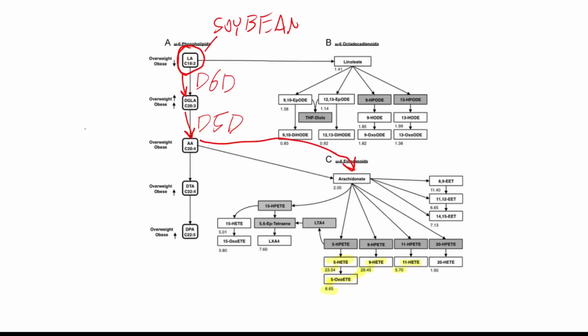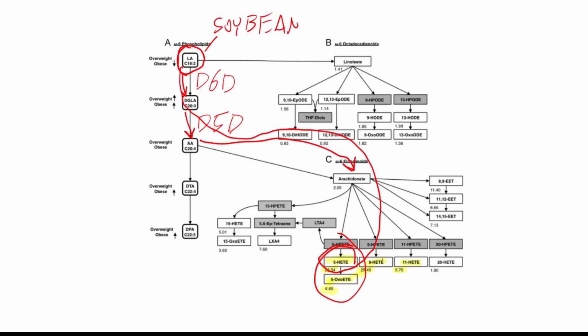The problem is when you see those linoleic acid levels dropping, that's the first step on the pathway to becoming this. That declining linoleic acid ultimately results in high 5-HETE, if you just follow all of these arrows. And so that's the problem.